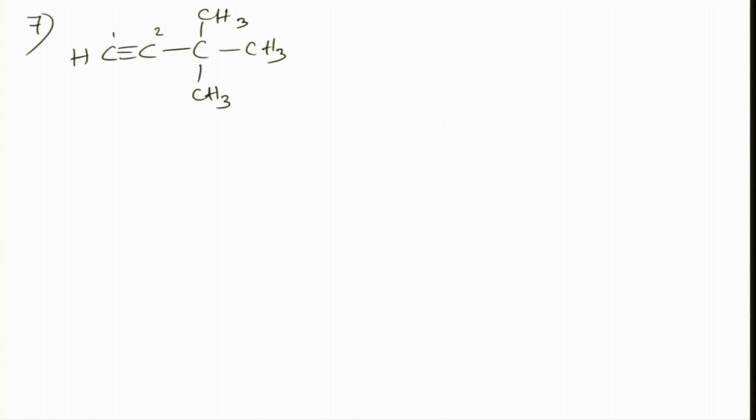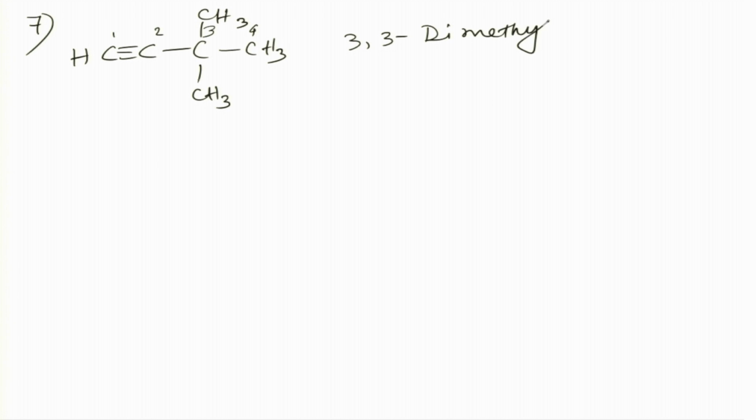The next isomer of hexyne will be this. We have reduced the longest chain to 4 carbons. We will write this as 3,3-dimethylbut-1-yne.